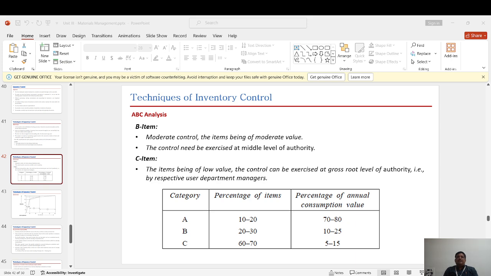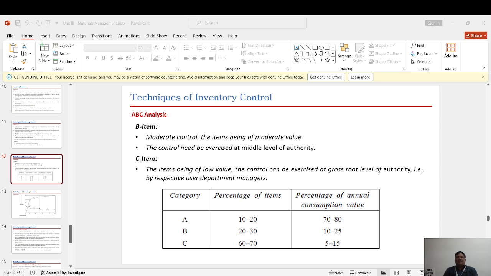Economic order quantity is that size of order which minimizes the total cost of carrying inventory and cost of ordering.